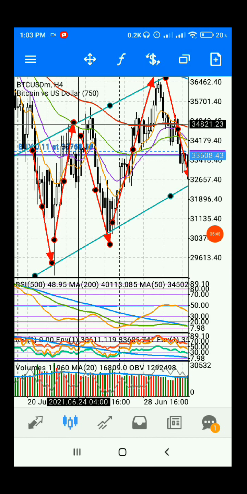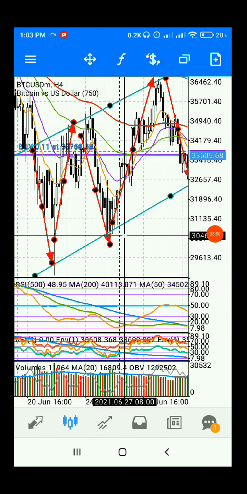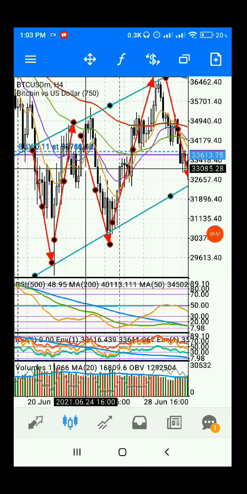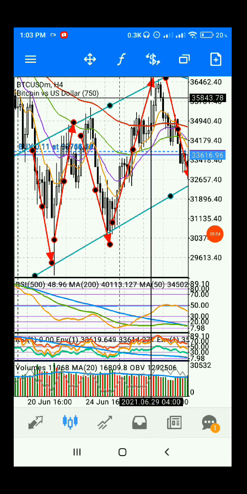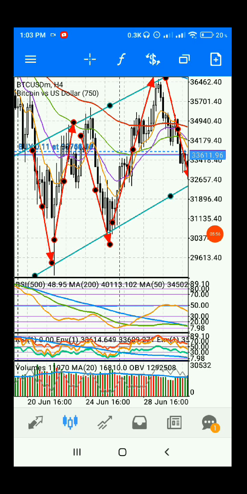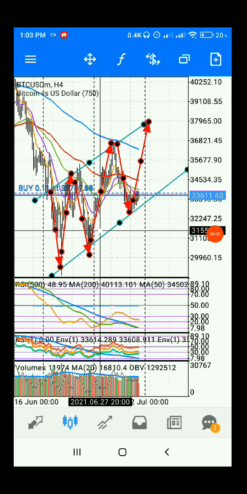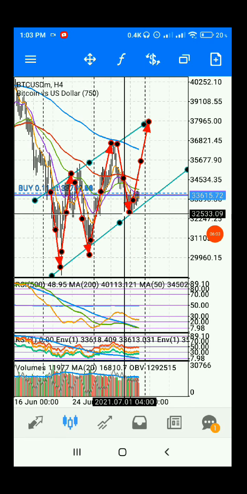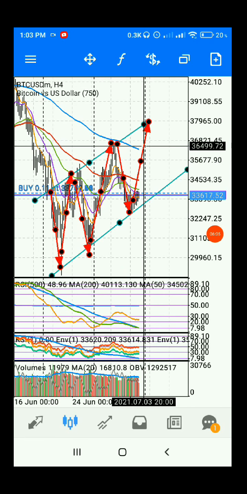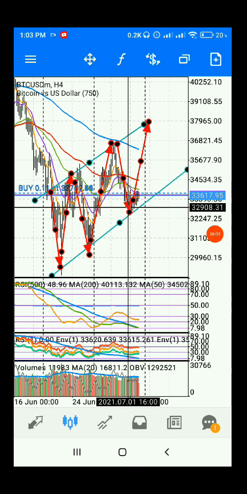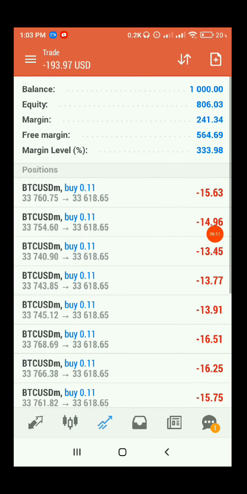From the trend line it's coming down to this trend line here, going down and then going up. And if I zoom out, you see price finally going here, then here, and now I'm expecting it to go here. So how did I take entries from here? As you can see, I have already taken entries here.